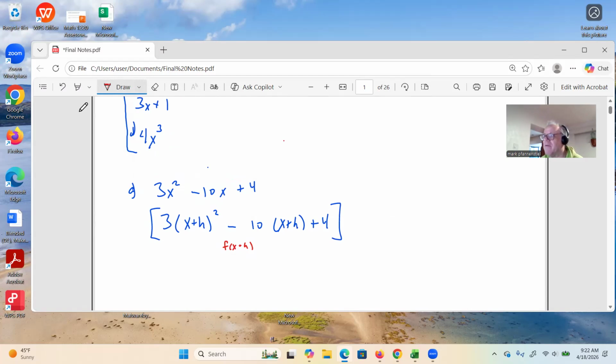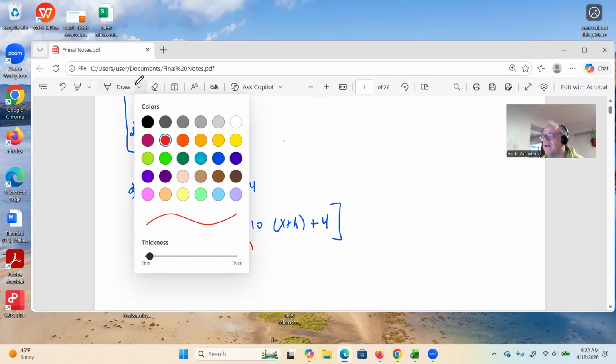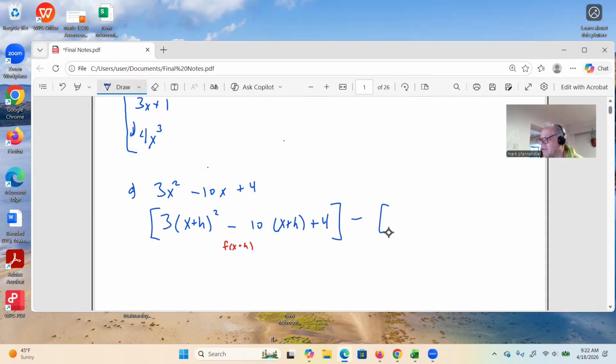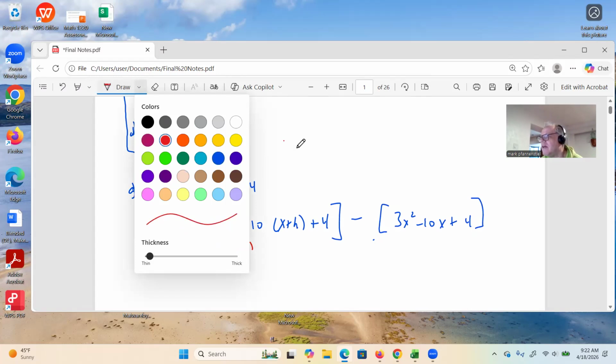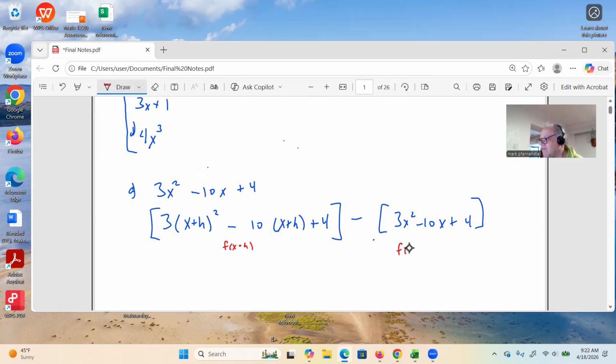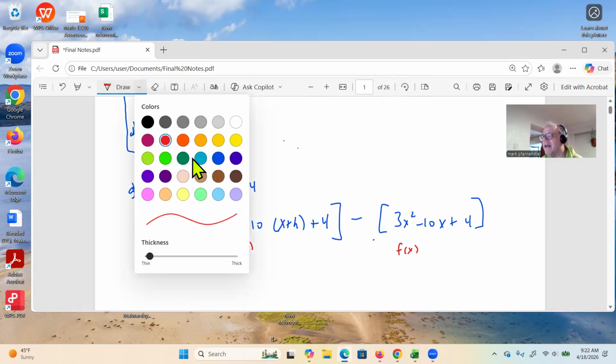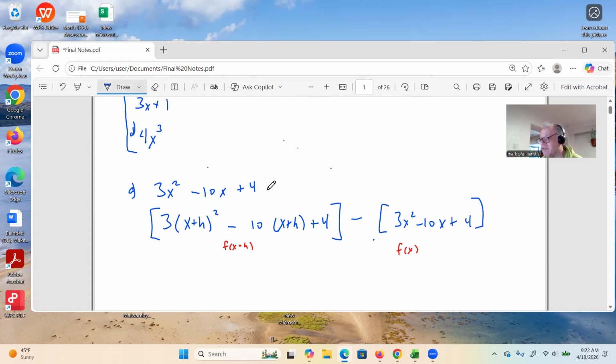And then we're going to have minus 3x squared minus 10x plus 4. This was just my f of x. So we're going to take all of this and divide it by h. I'm not going to write that in for this one. I'm just going to go through the process here.